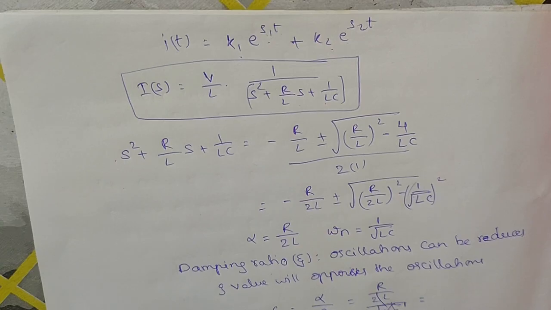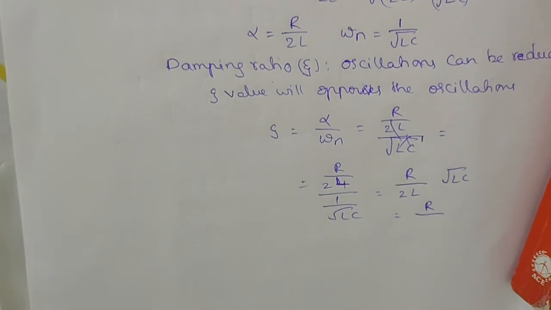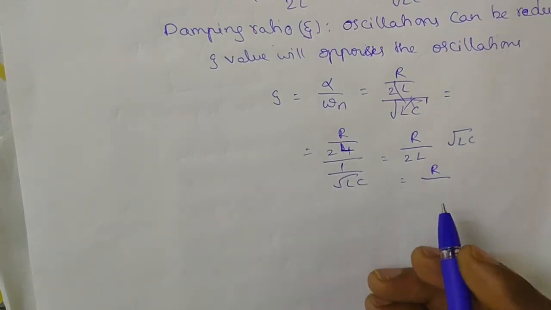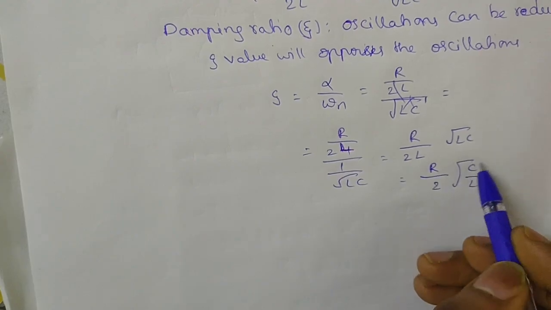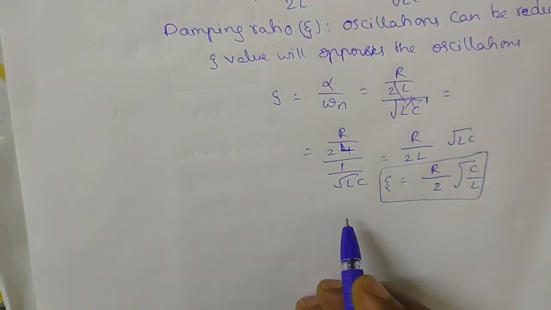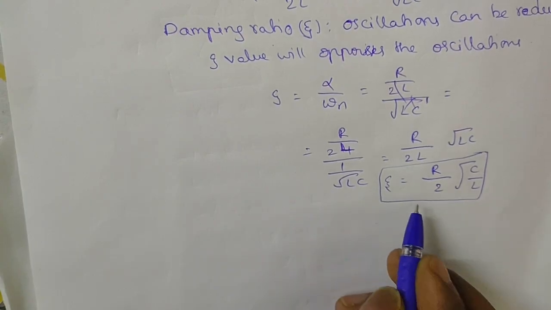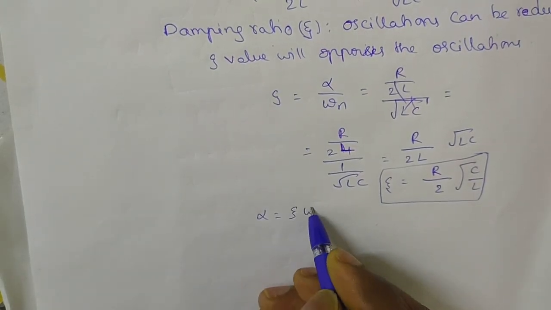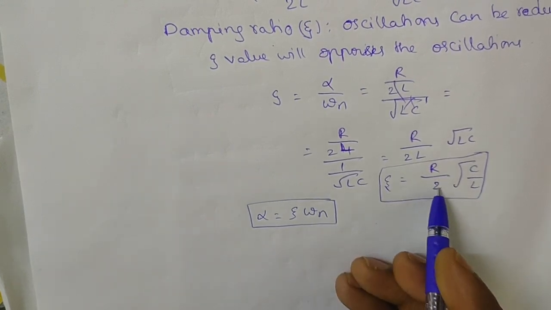Therefore we can write R by 2 root C by L. Zeta is equal to this. We can now write alpha is equal to zeta omega n, and also zeta is equal to R by 2 root L by C.